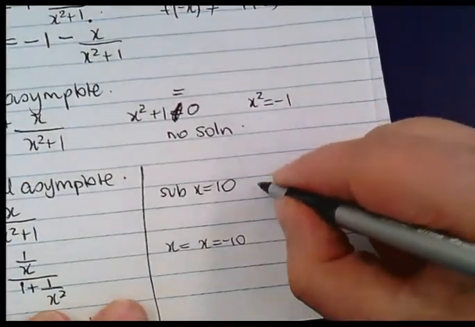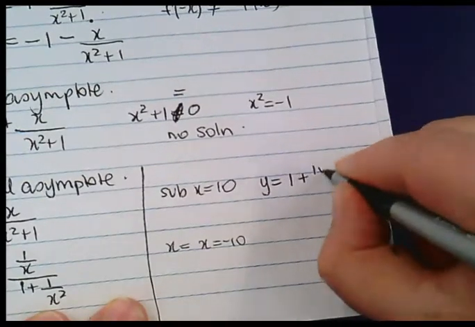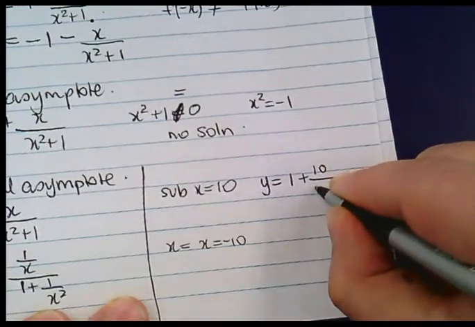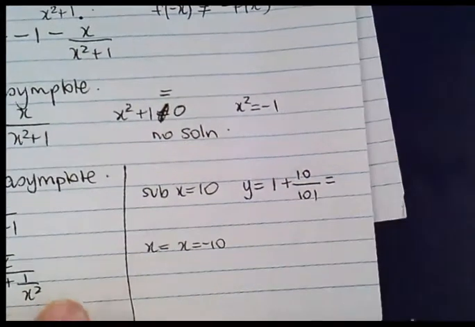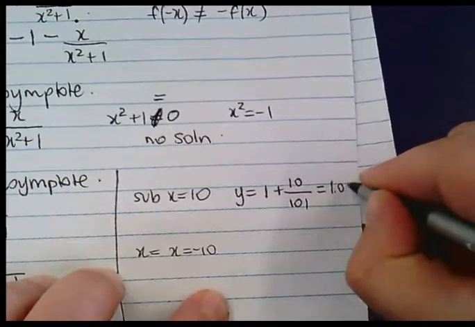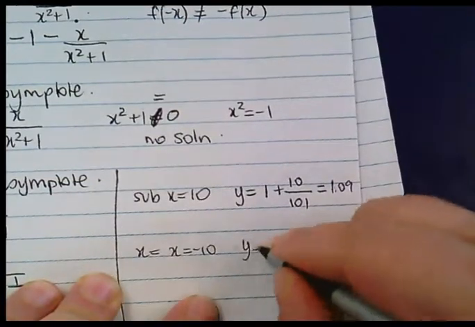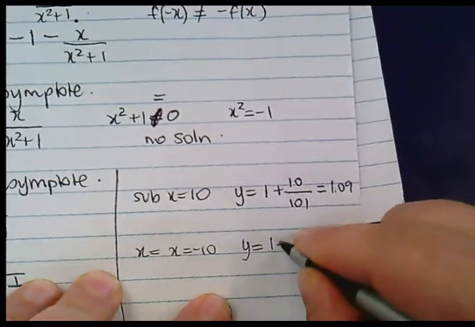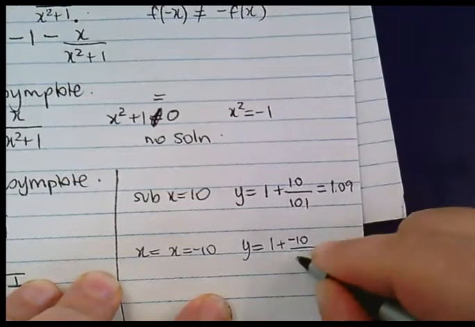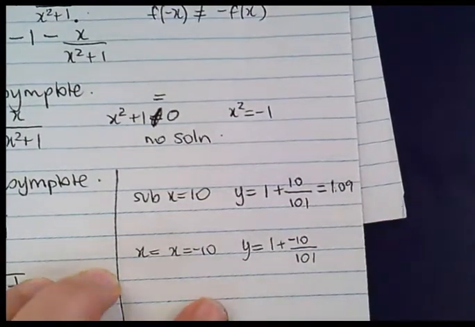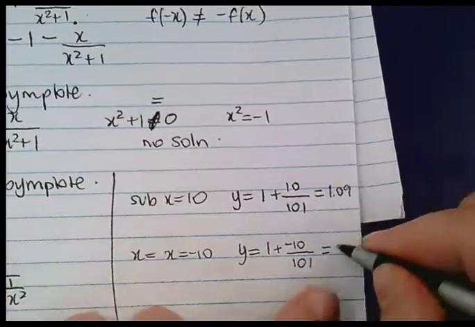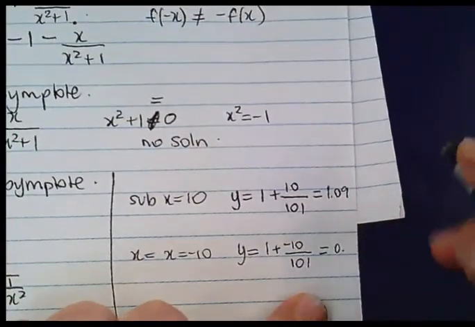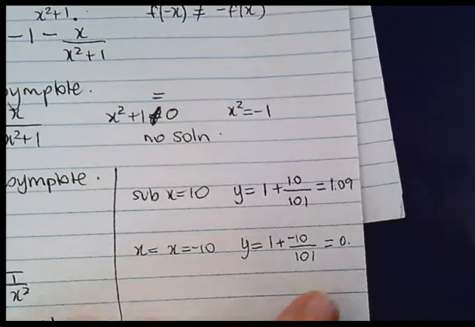So we come back down and we do some substitution. When x is 10, y is 1 plus 10 over 10 squared is 100 plus 1 over 101. What do we get? 1.09 will do. When x is negative 10, I get 1 plus negative 10 over, again, 101, because negative 10 squared is positive 100. And what do you get? 0.91.